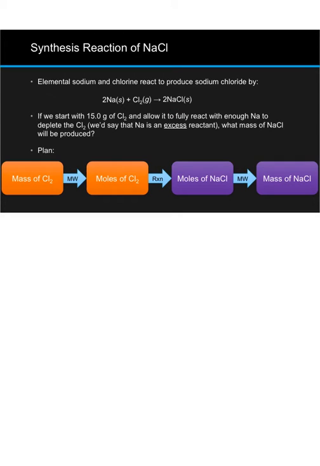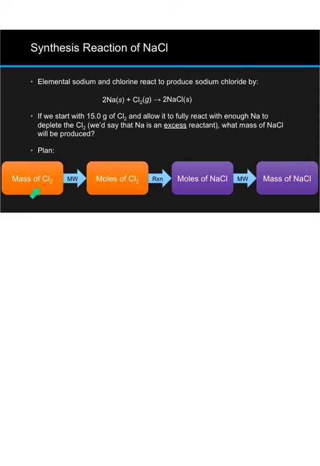Suppose that we start a reaction with 15 grams worth of chlorine and allow that chlorine to fully react with so much sodium that we'll never have to worry about depleting that sodium. In chemistry parlance, we say that sodium is an excess reactant in that case. We want to be able to predict what mass of sodium chloride will form when we react all of that chlorine out.